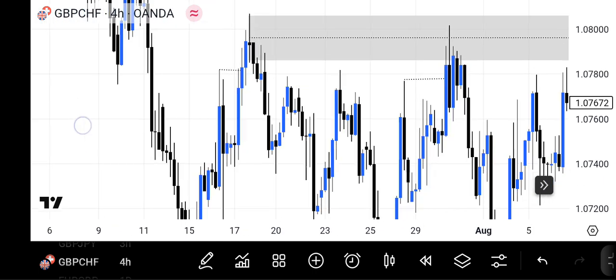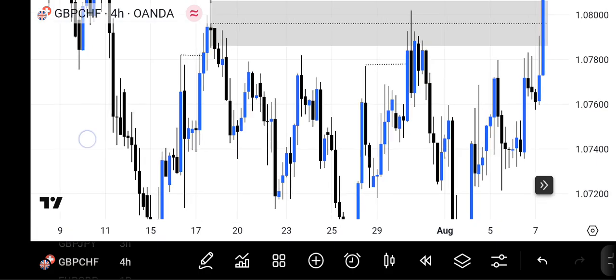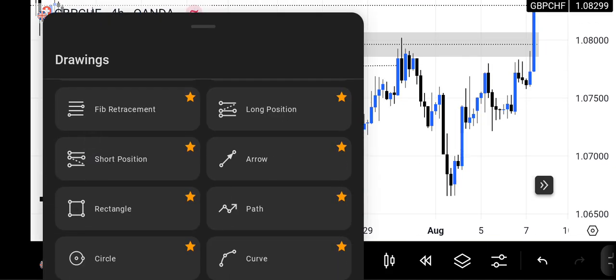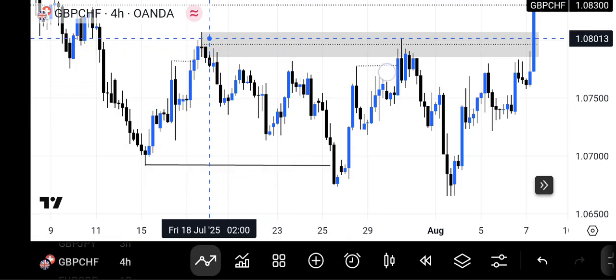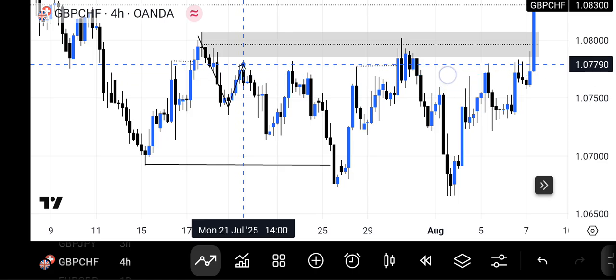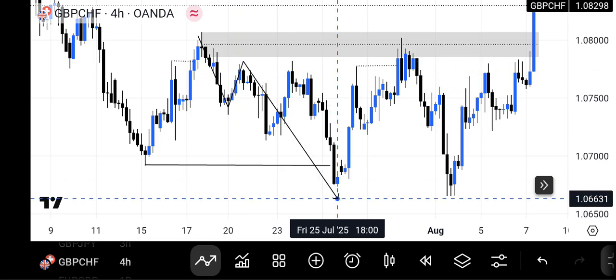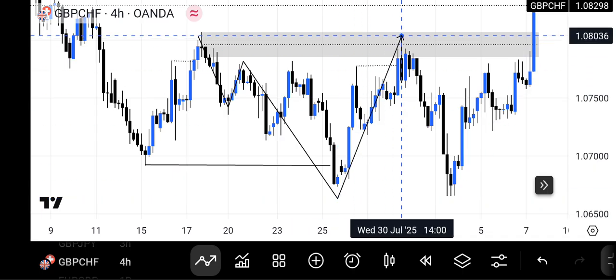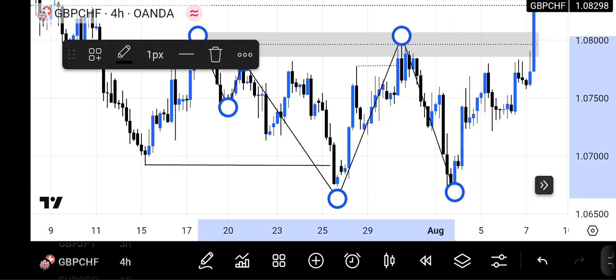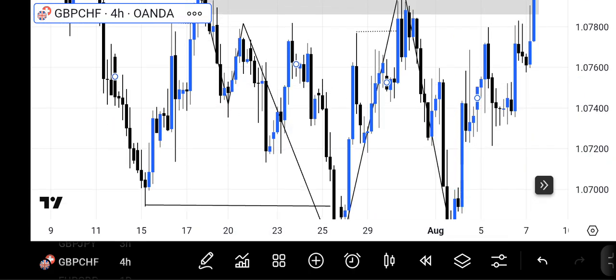Impulse, pullback, impulsive move, the pullback, the break of structure, then POI, and it came and swept, then break again. I'm going to explain this in detail.